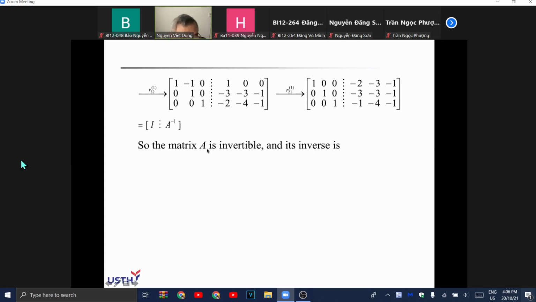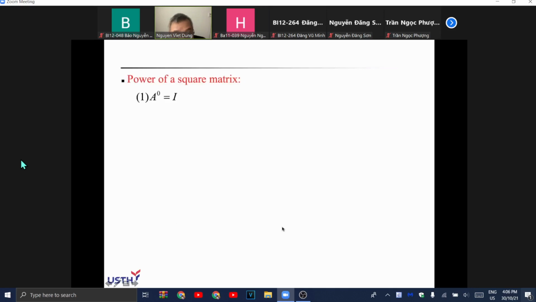So the matrix A in that case is invertible and its inverse is that one. You can verify it here. That is what we can see from the Gauss-Jordan elimination. We can use that to find the inverse, and you can do it in your exercise.